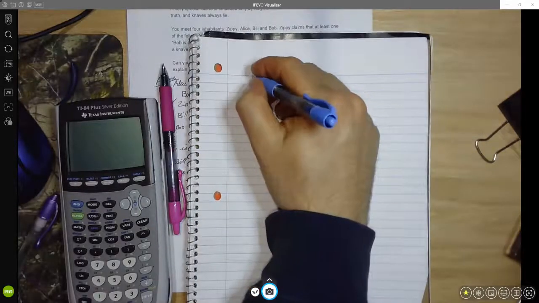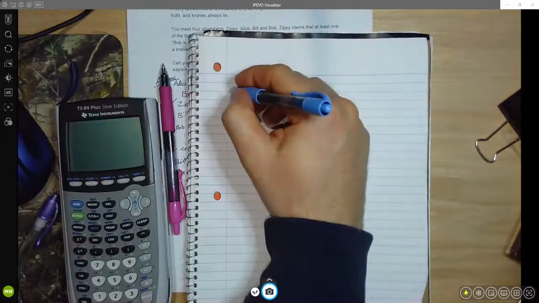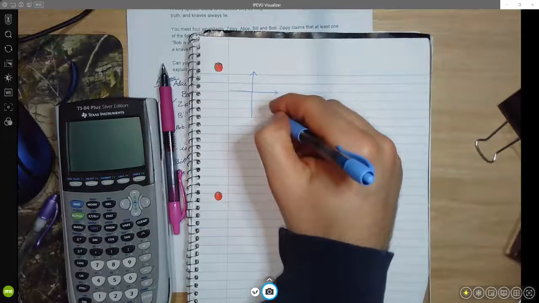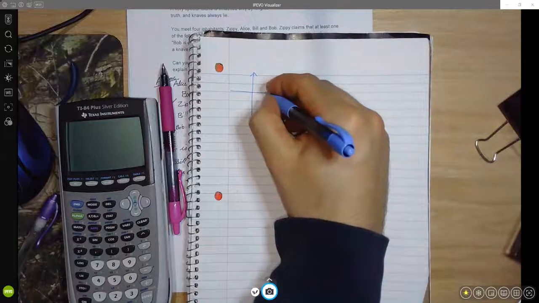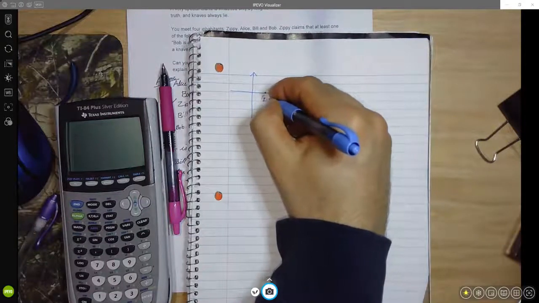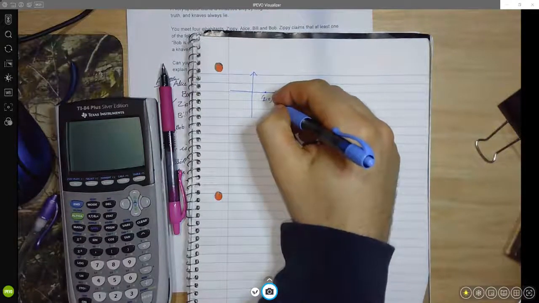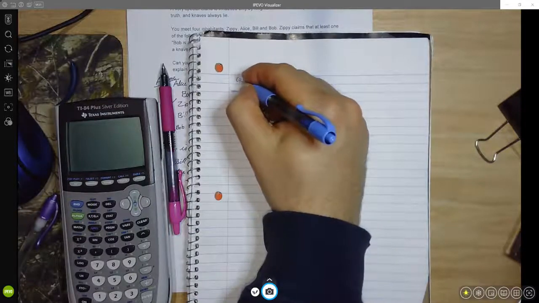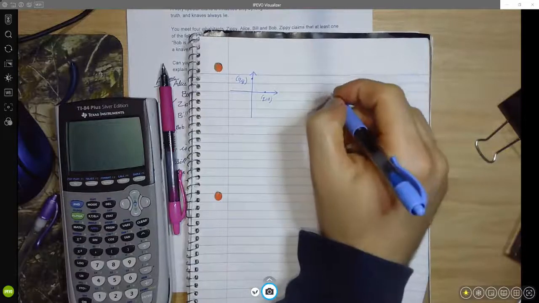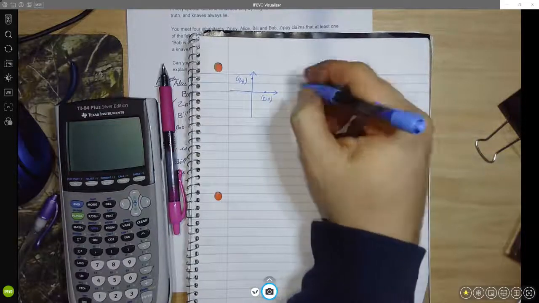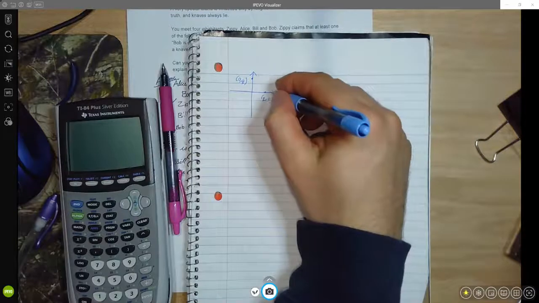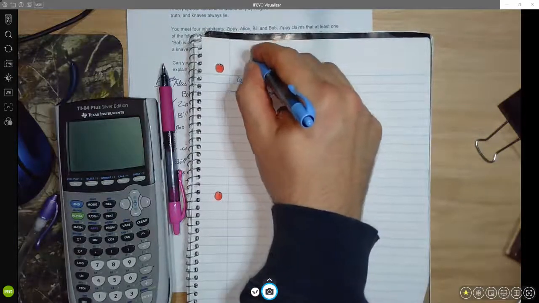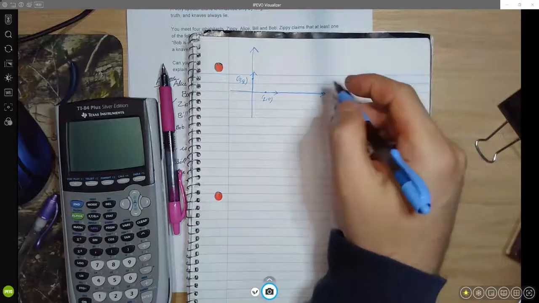So if we kind of draw a picture here. So you've got (q, 0), so we'll just say here, (q, 0). And then (0, q), so up here. And then (2q, 3q), should have made this taller. Doesn't look bad, does it?